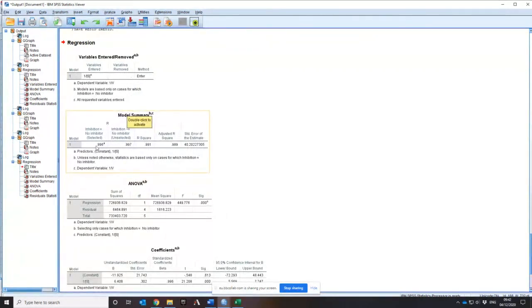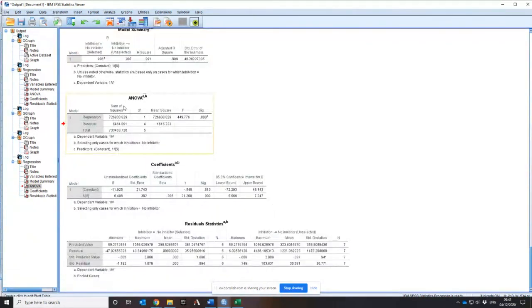Now my R squared is 0.991 and my R is 0.997. So I can tell instantly that by getting rid of that single point, I've gone from a model which was not a great fit to one which is a pretty good fit.